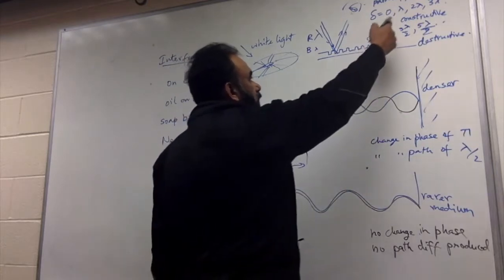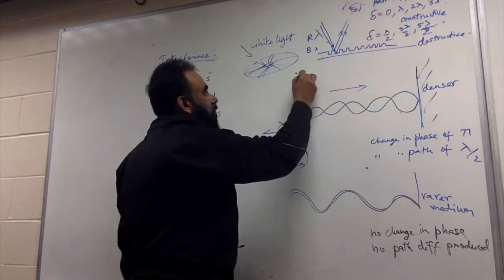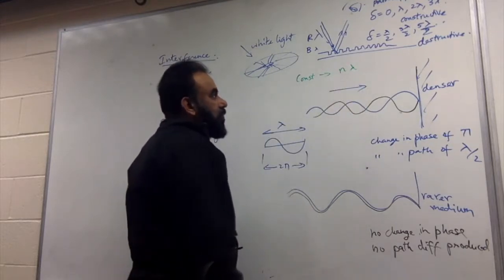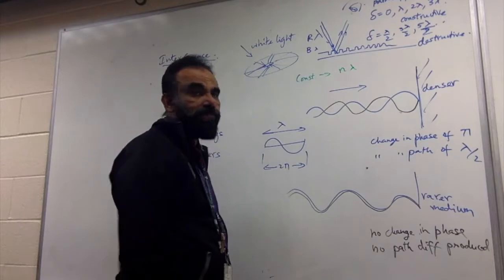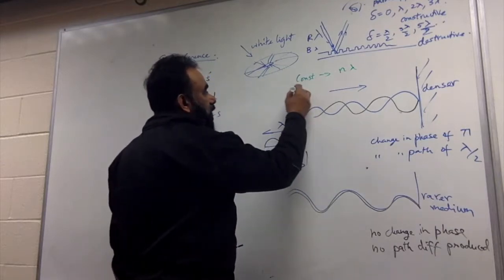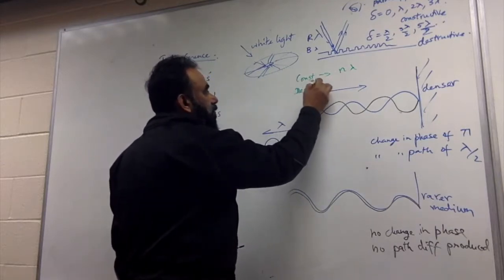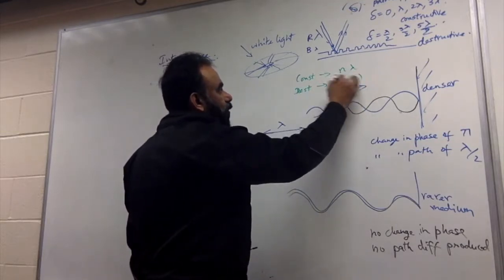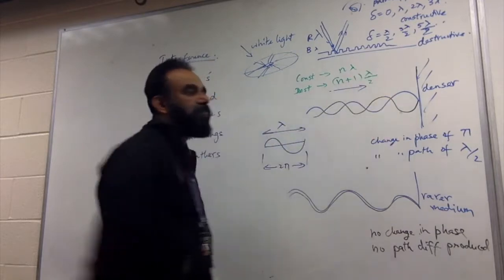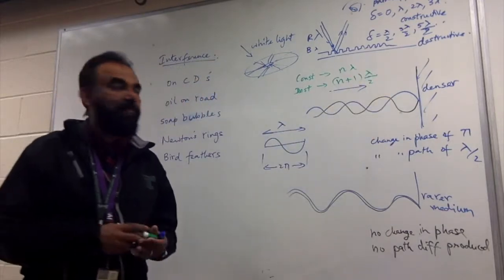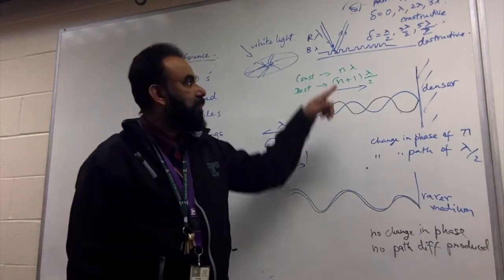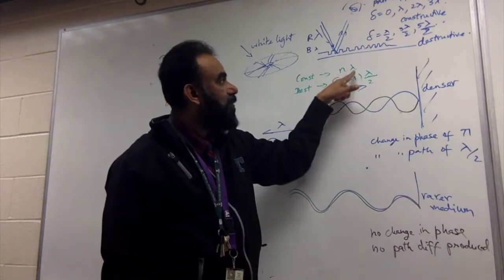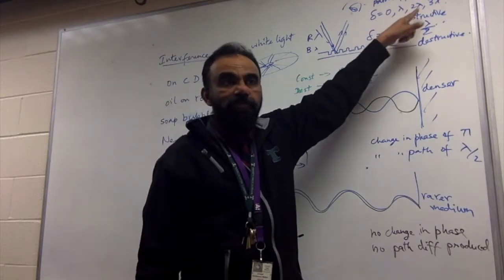So basically the condition for constructive is n lambda, where n is a whole number. Condition for destructive is n plus 1 lambda over 2. Put whole numbers for n. When n is 0, that one. When n is 1, 2, 3.